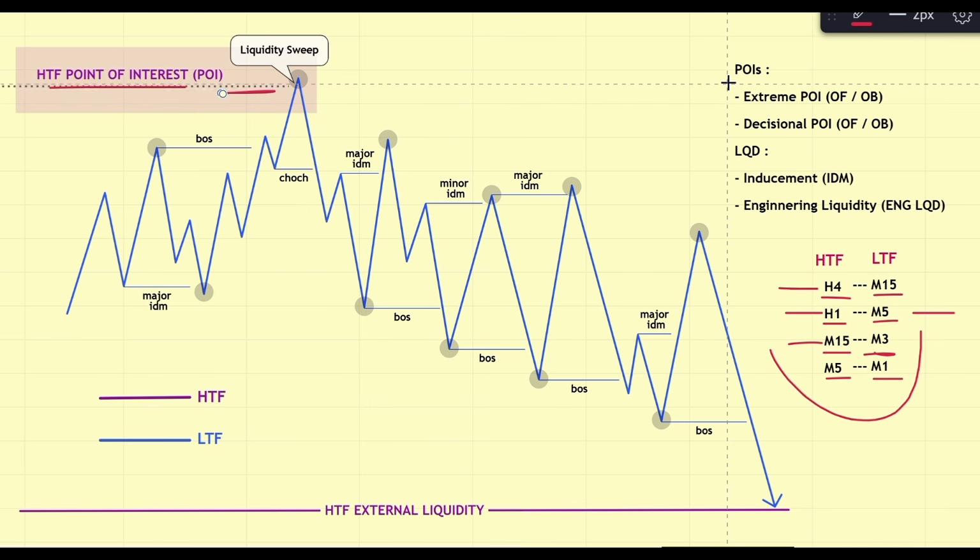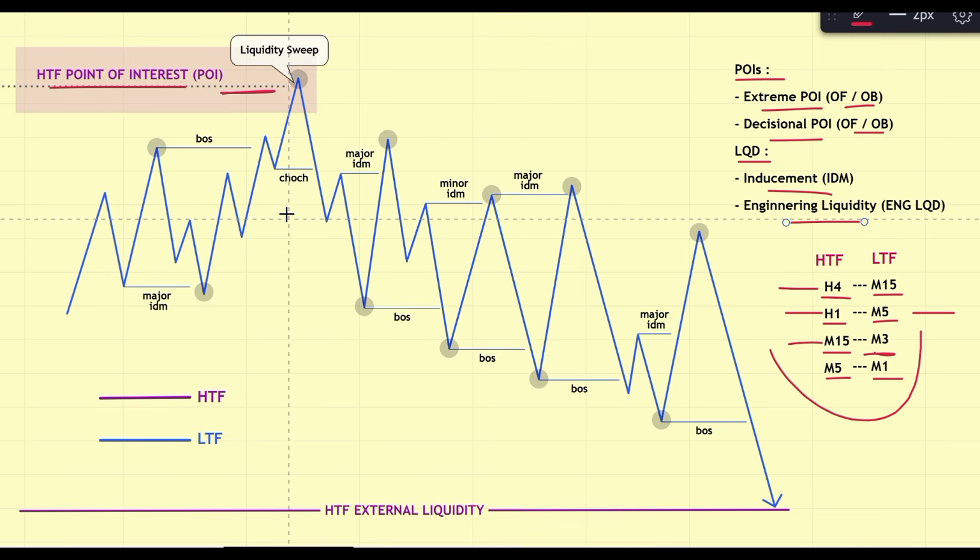The POIs that we use are the extreme POI and the decisional POI. By a POI, I mean either an order flow or an order block, and for the liquidity level, I mean either the inducement and the engineering liquidity, because these are the core liquidities that we actually consider in true SMC.